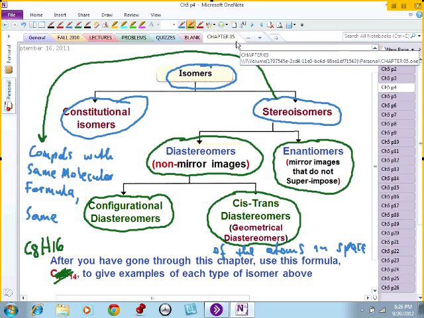As we go along, I will give you examples of the different types of isomers. But keep in mind that isomers are different compounds that have the same molecular formula.